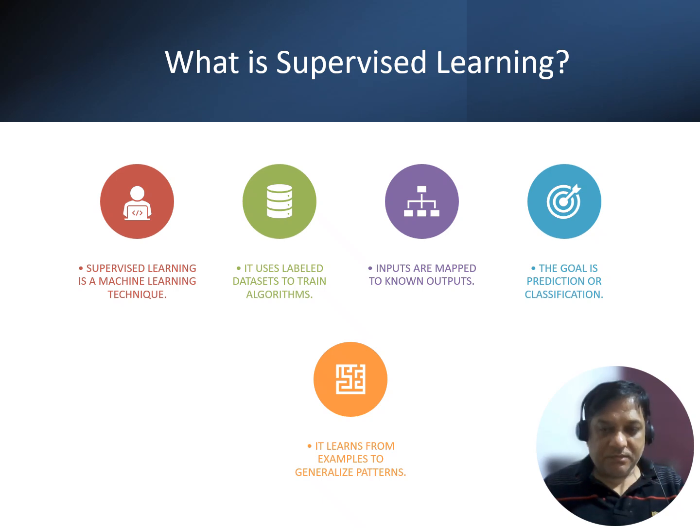It learns from the samples and examples that are given to generate the patterns. So basically, it is like helping the user to classify or predict something. So supervised learning really helps in classification and prediction mostly. So we will see how it is happening.